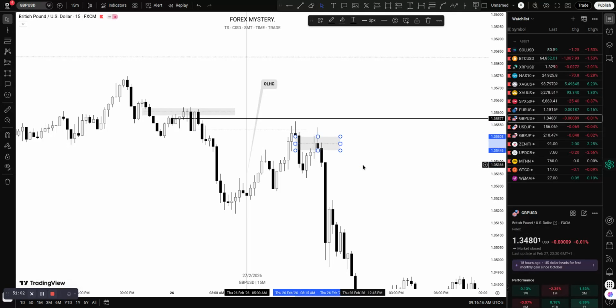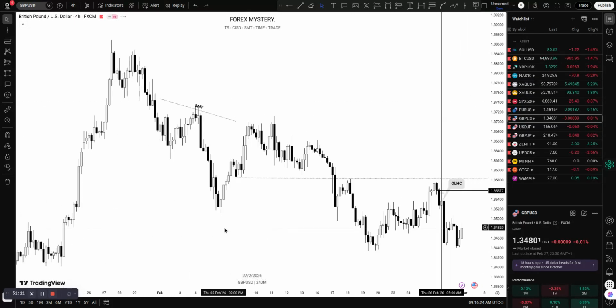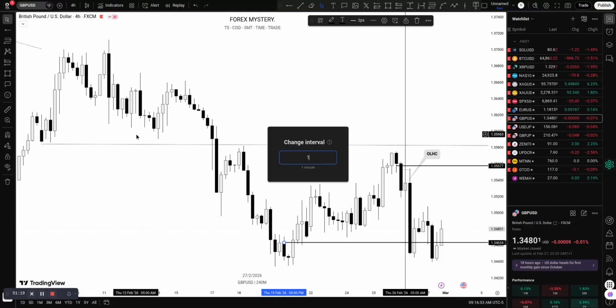But just coming to this rejection block, and then it sold off towards that other block which I actually showed you guys right here. All right, don't be greedy. Never be greedy whenever it comes to trading.